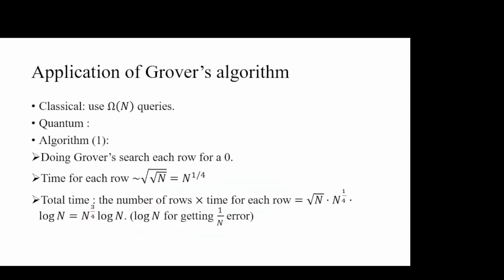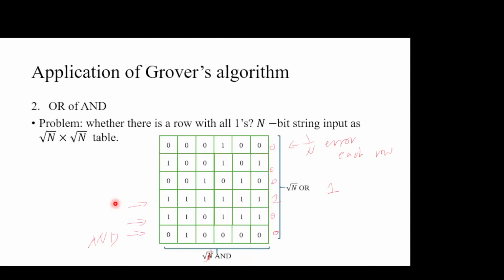Everything together, you need about N to the 3/4 queries to do this. But you think this is a bit worse than Grover's algorithm, because we know Grover's algorithm only needs square root N, and this OR of ANDs function kind of looks like the OR function.